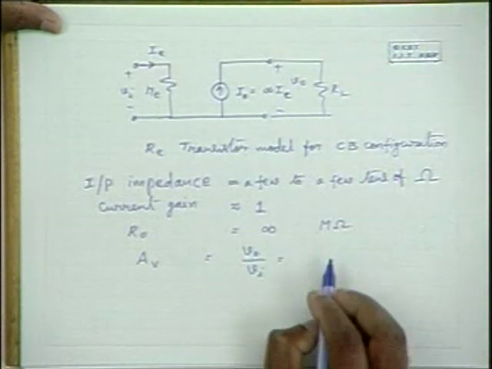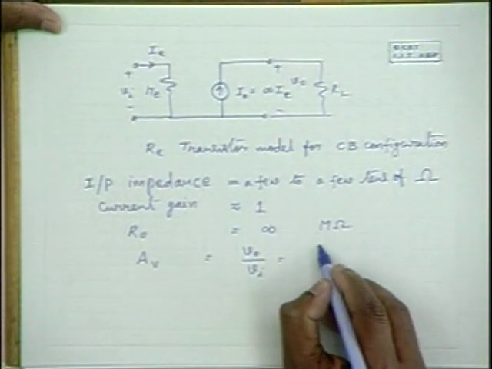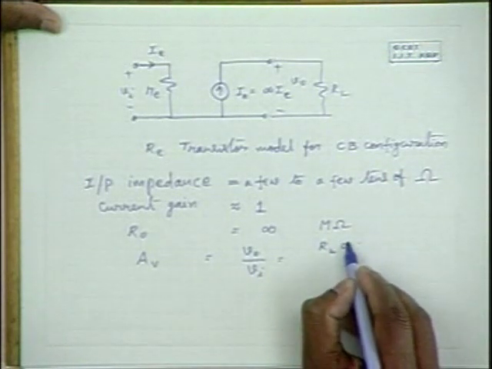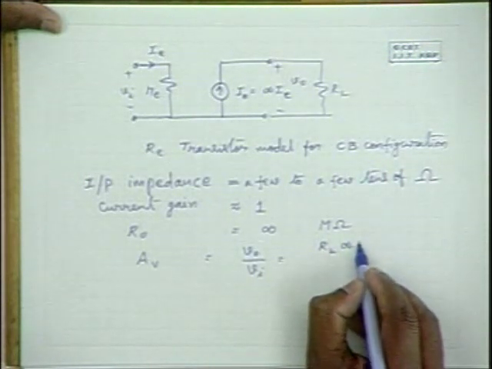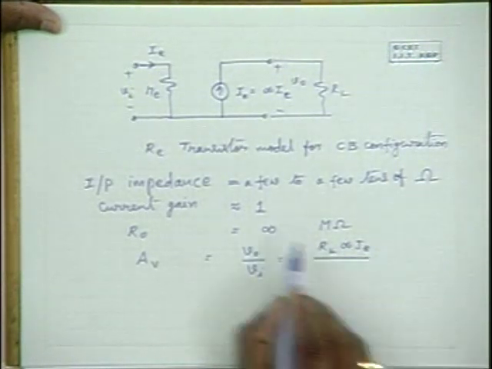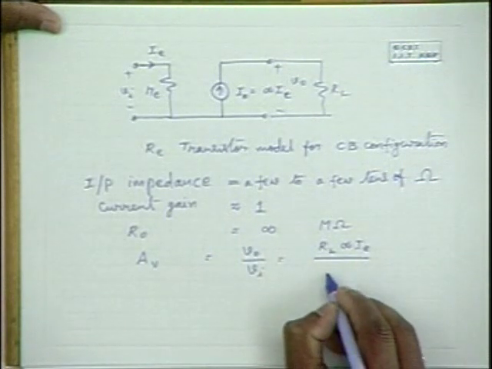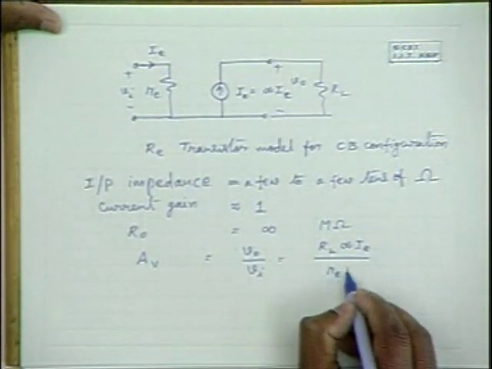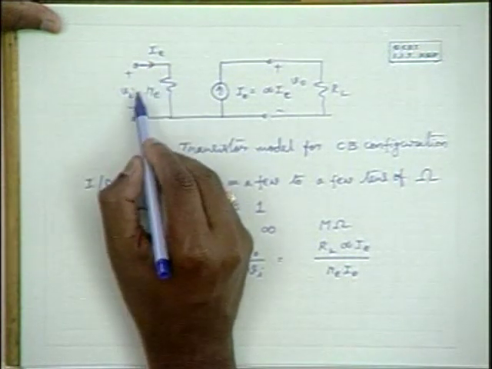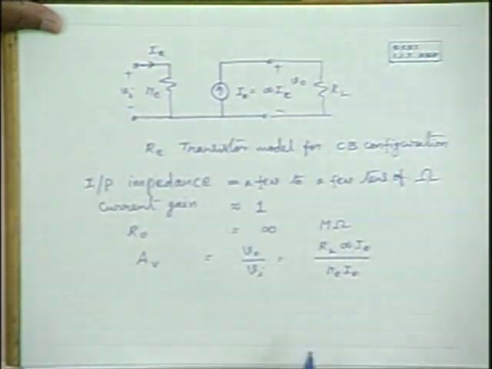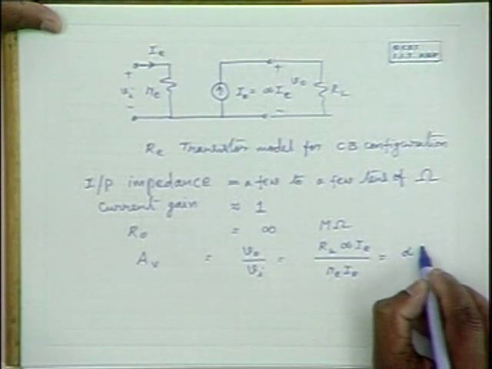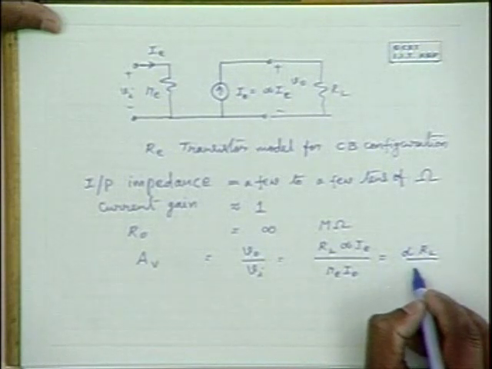And we know that the output voltage is RL into IC or alpha IE, that is output voltage, and the input voltage is RE into IE, or when you apply VI, the IE you get here is VI by RE. So this is the expression. Therefore, it is equal to alpha into RL by RE.